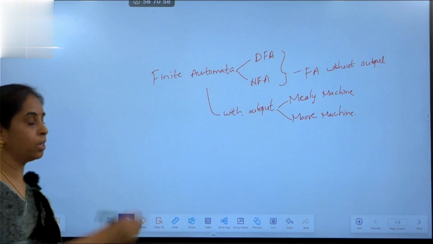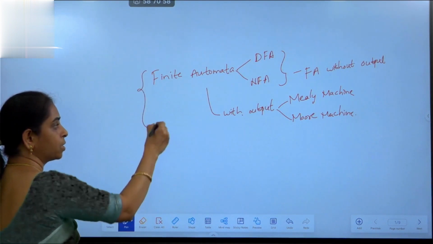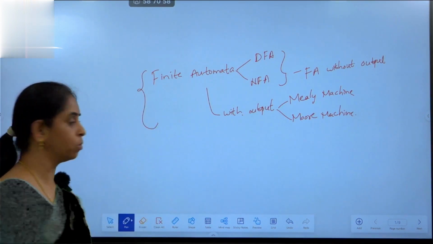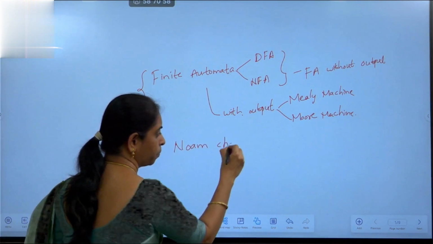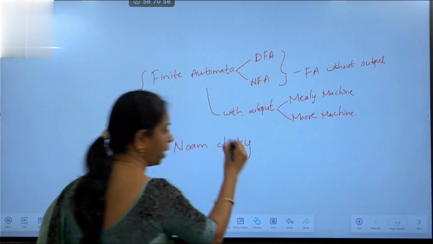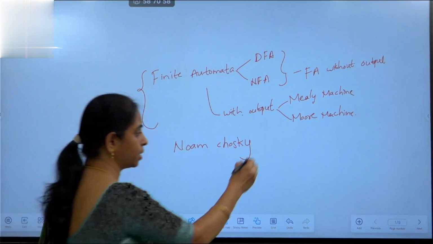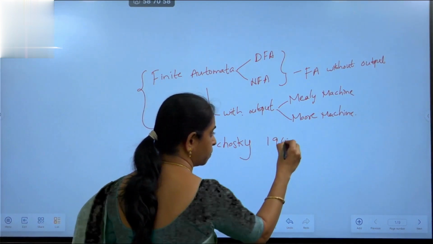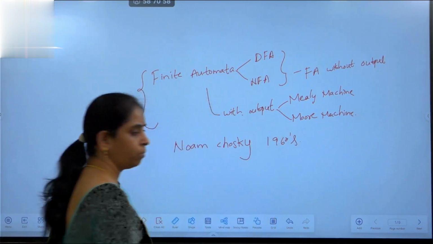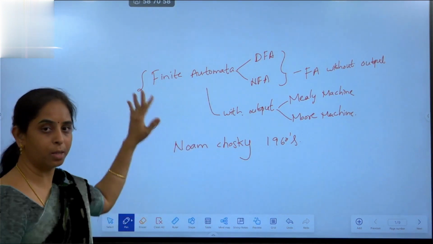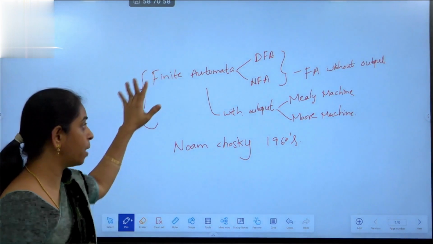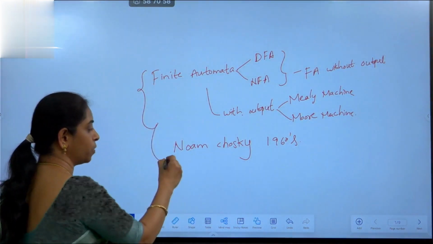All these finite automata rules we will discuss with the help of the Noam Chomsky rules. Noam Chomsky identified the rules in the 1950s and 60s. Based on these Noam Chomsky rules, the finite automata define the grammars, and the grammars define all the rules of these finite automata.